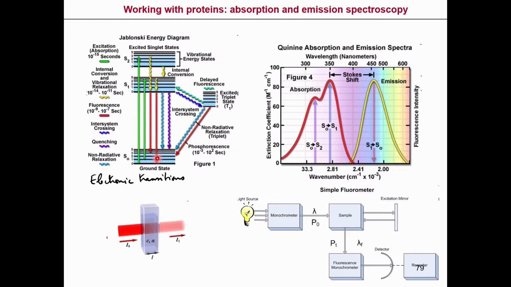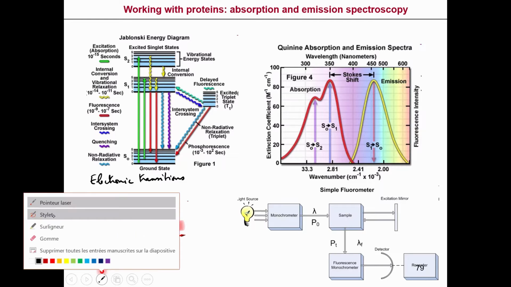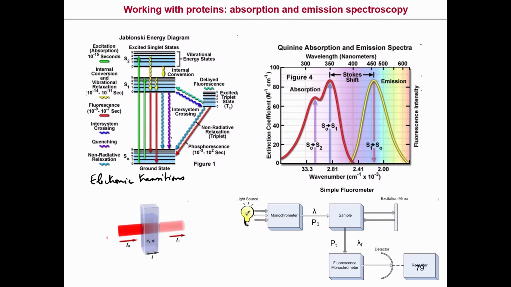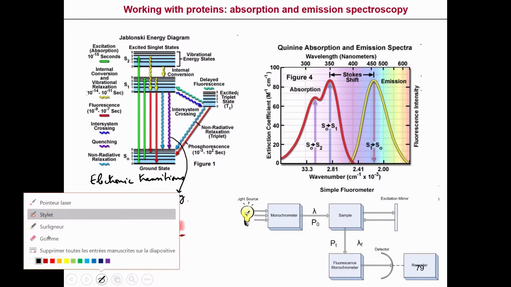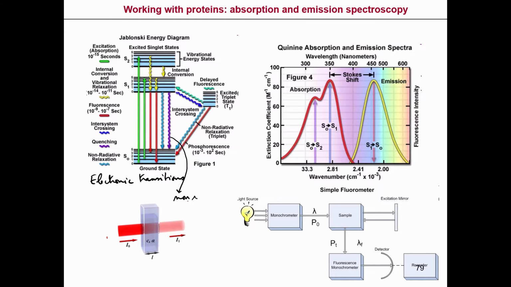The squiggly arrow means a non-radiative transition.